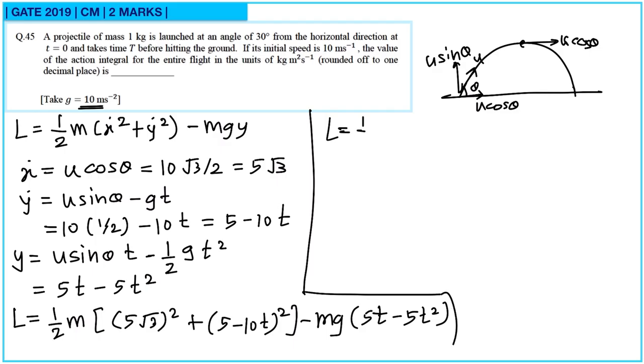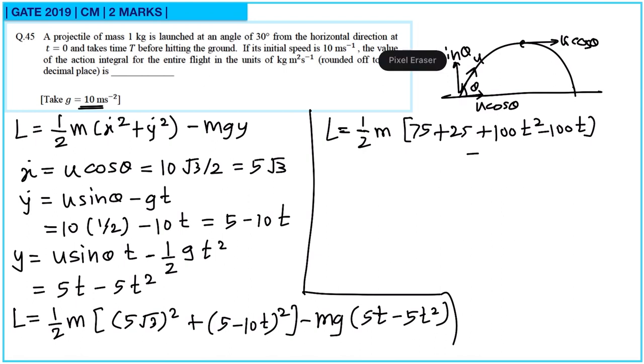So L is equal to half m. 5 root 3 square is 75. Then square of this, it will be plus 25 plus 100 t square minus 100 t, minus, again mass is also given, mass is 1. So this is 1, then mass is 1, g is 10, and we have here 5t minus 5t square.